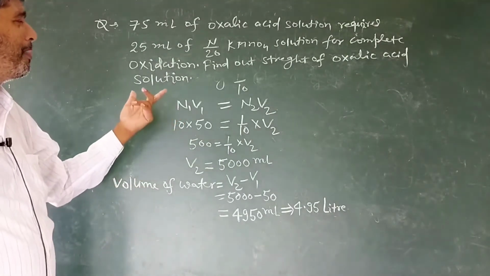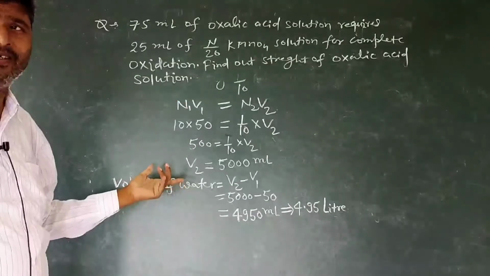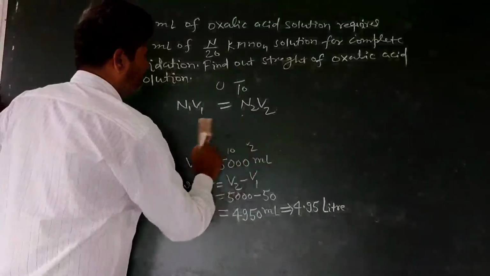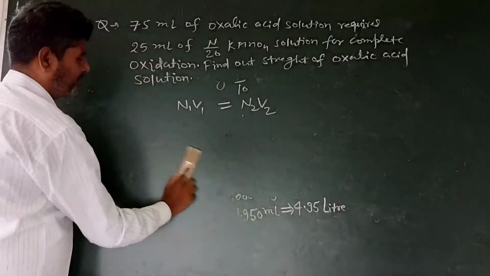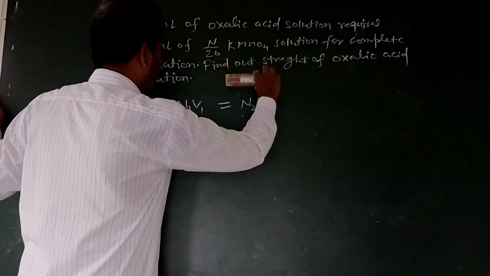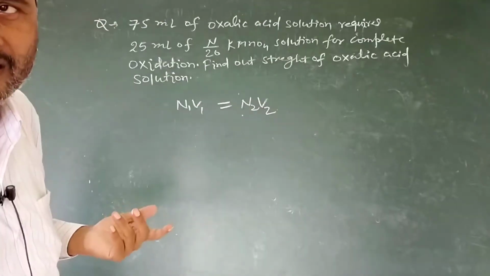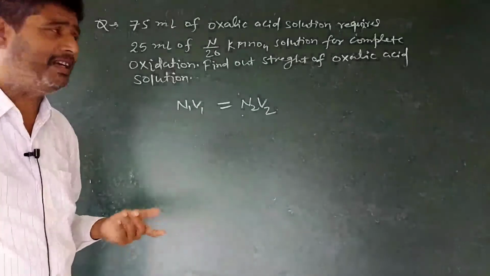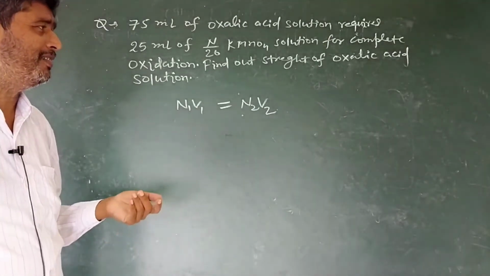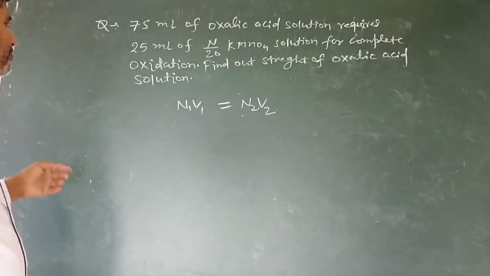But here normality is given, so we will write N1 V1 is equal to N2 V2. So one side belongs to the standard or known solution, and the other side belongs to the non-standard or unknown solution.